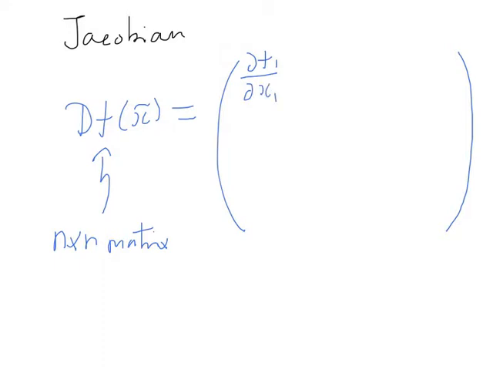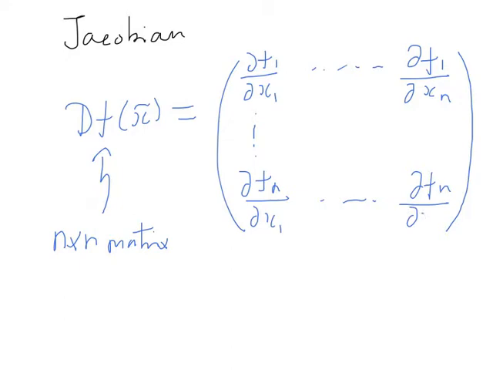So the first entry is df1 dx1, then along this first row are the derivatives of f1 with respect to the various x's. Down the first column are the derivatives of the different components of f with respect to x1, and then finally you finish with dfn by dxn. So it is that n by n matrix, and that's called the Jacobian. What we know is that stability is determined in many cases by the eigenvalue structure of this matrix.